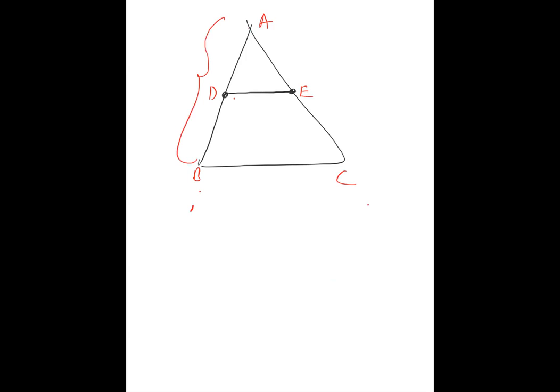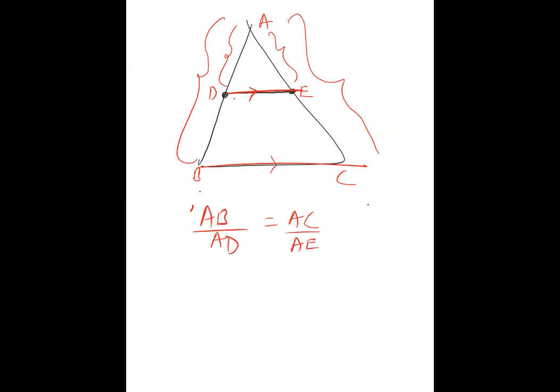This is bigger, this is smaller, and this bigger and this is smaller. If this ratio is the same, then this is parallel, or the opposite also. If these are parallel, this ratio will be the same. What ratio? AB by AD is equal to AC by AE. If they are equal, then they are parallel. DE is parallel to BC. Or if DE is parallel to BC, then they will be equal.